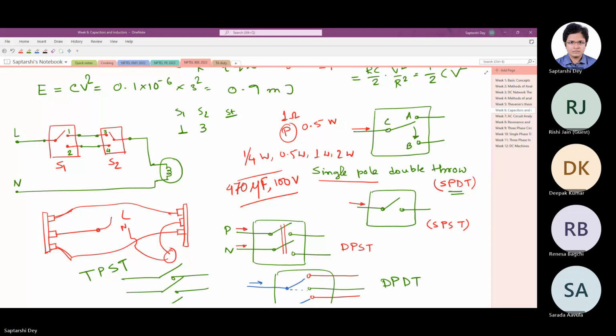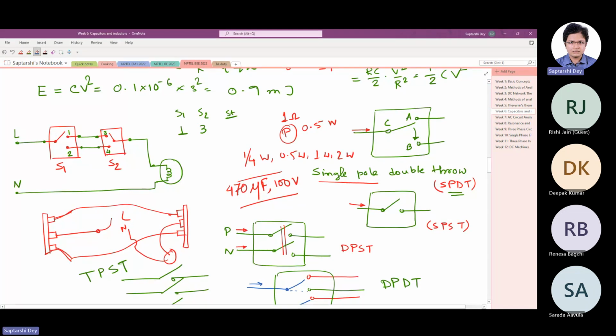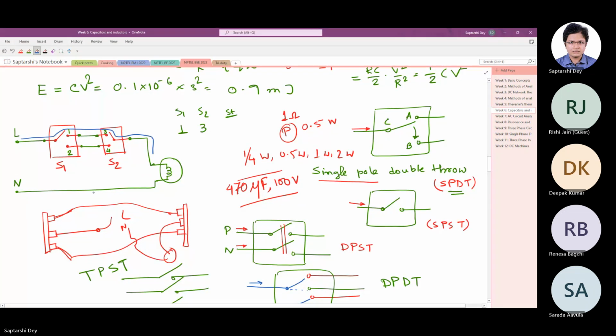So if S1 is connected at 1 and S2 is connected to 3, there is a flow of current. The flow of current is like this. It goes to the bulb and comes back. So there is a flow of current and the bulb glows.